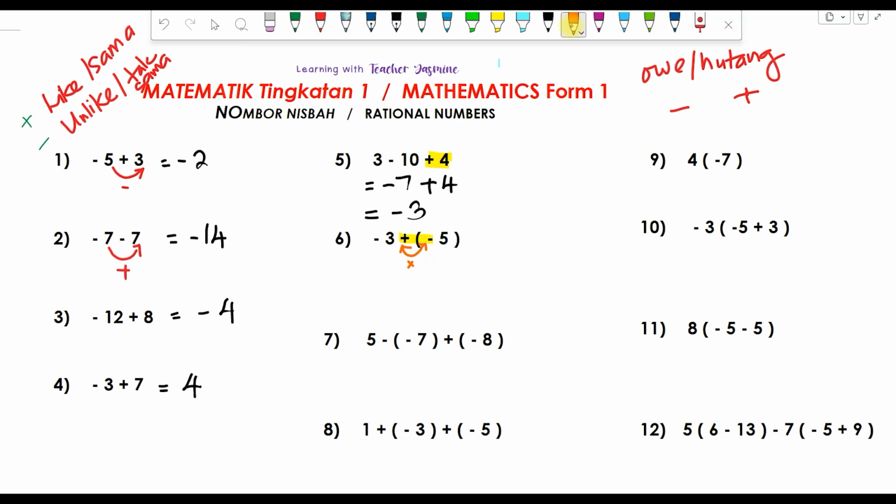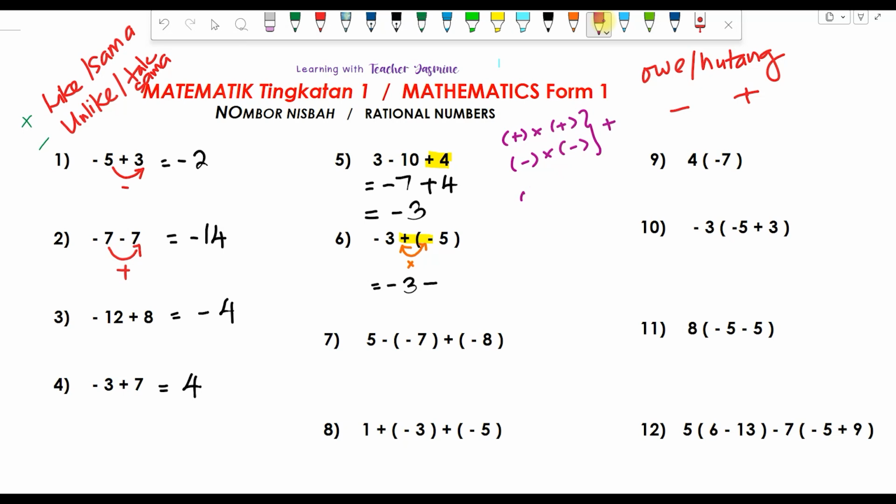So what am I going to do? This negative 3 ni tulis balik semula. Just rewrite. Okay. Now positive times a negative will always give you a negative. The concept is like this. Kalau simbol dia sama, for example positive times with another positive, atau negatif darab dengan satu lagi negatif, jawapan sentiasa positif bila darab atau bahagi.